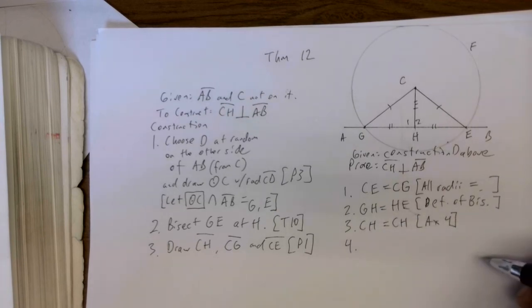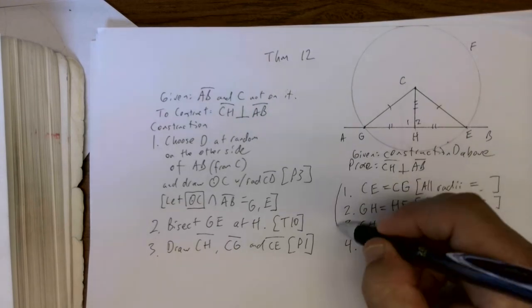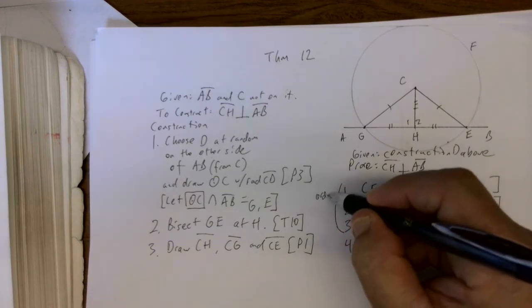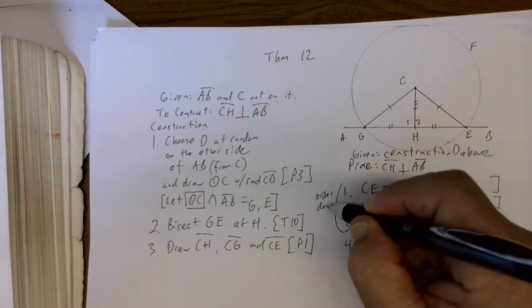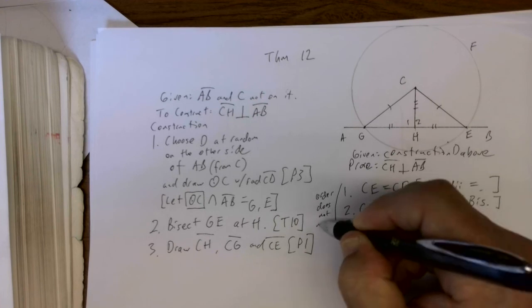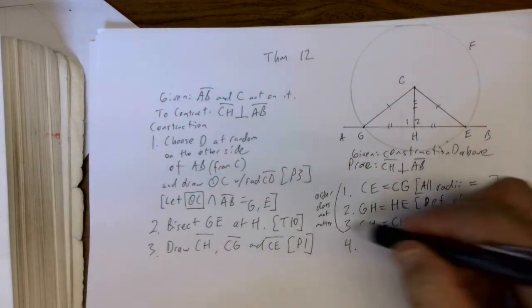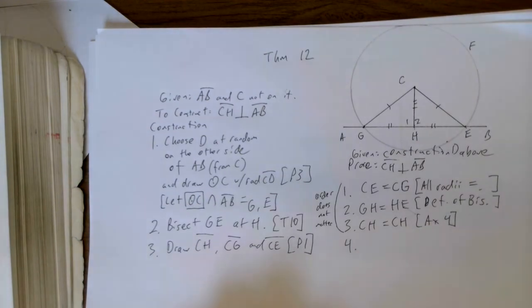So what am I going to say for step 4? Very good. I was hoping somebody would ask that. The order of the first three does not matter, but you can't say 4 until you've said all 3 of the first 3 steps. What is 4 going to be?